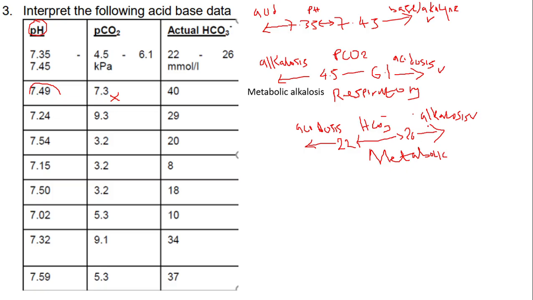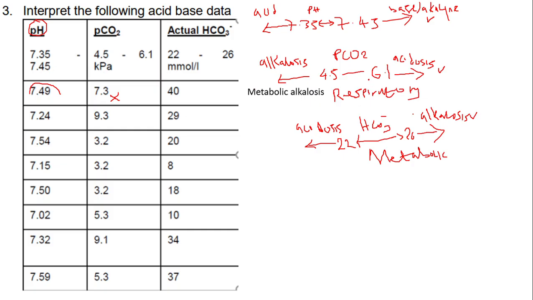Then you go to this question, right? Same thing, this is easy, as long as you have written that, then everything is easy. 7.24, 9.3, 26. Okay, so you go to diagnose. 7.24 here, the pH is less than normal, so it is an acid, right? Let's go to 9.3.